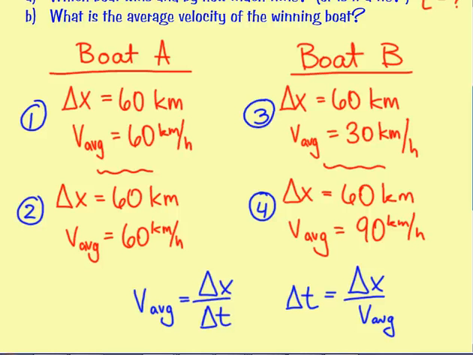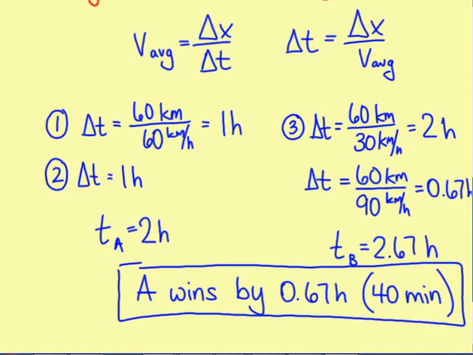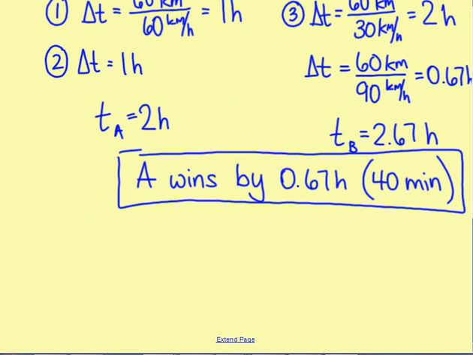Average velocity is displacement divided by time. So the average velocity for boat A is 0 because its displacement is 0. Now, if this said average speed, things would be different because we don't pay attention to displacement when we're doing speed.